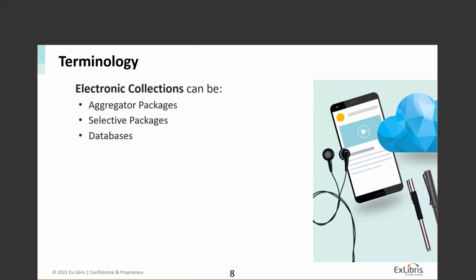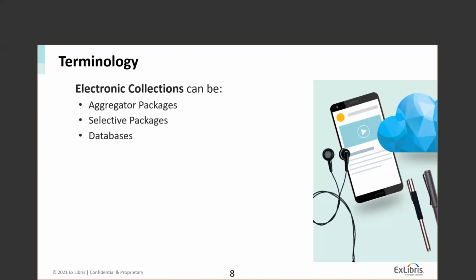An aggregator package would be some kind of package of electronic resources that you purchase from a vendor and you buy them all together. You buy the one package and you get everything that's in the package. All the titles, all the portfolios, whatever term you want to use, you get them. And if the vendor adds more to that package later, you'll get them too.